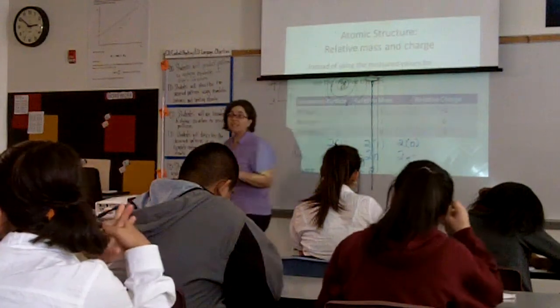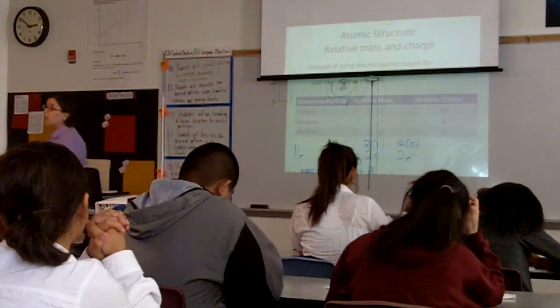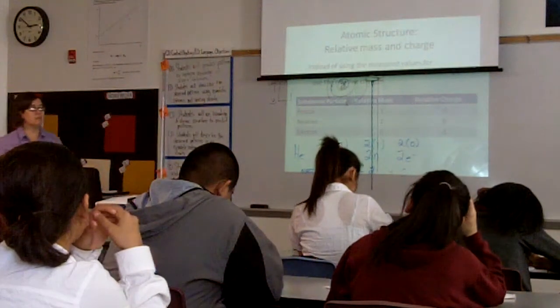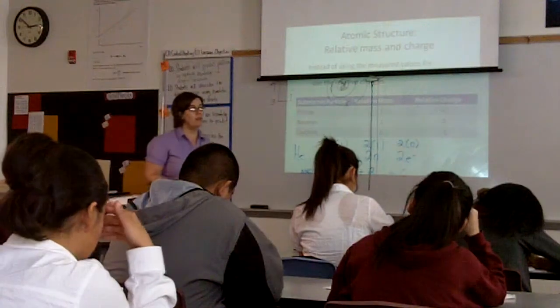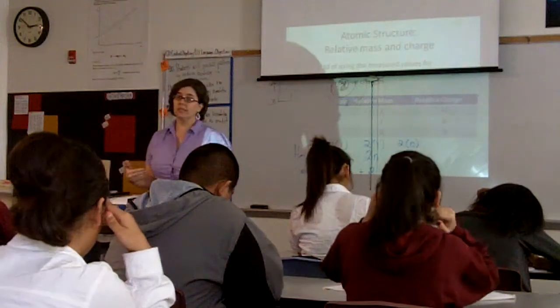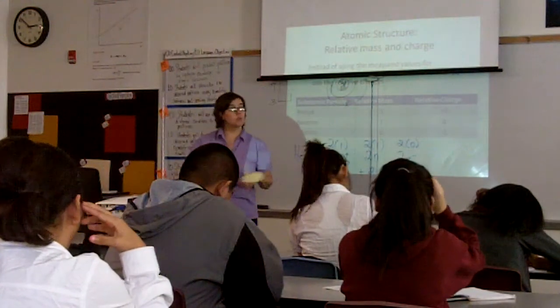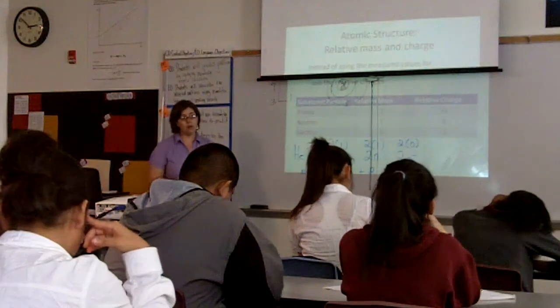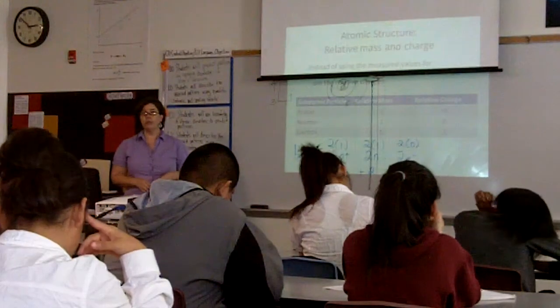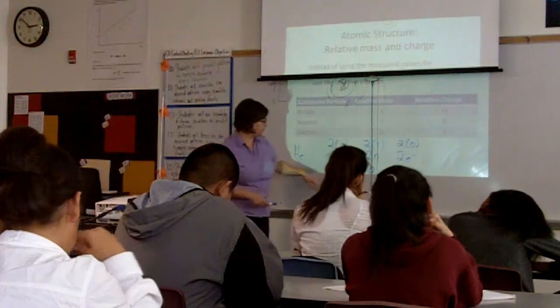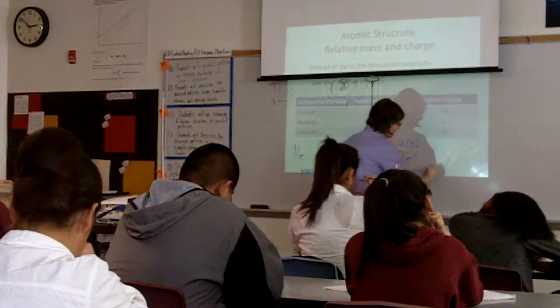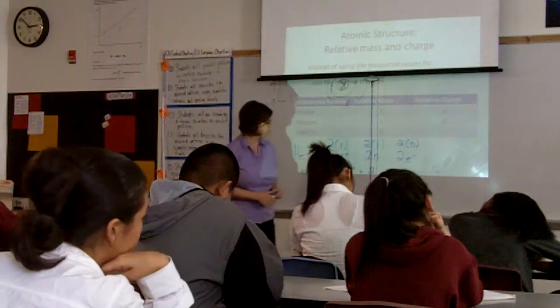Now, it doesn't mean that they don't have any mass, but the mass is so incredibly small compared to the mass of the protons and the neutrons that we can leave it out when we're working with atomic masses. As long as we're consistently leaving it out with all of the atoms that we're going to work with, then it'll be fine. So our total mass here is 4.